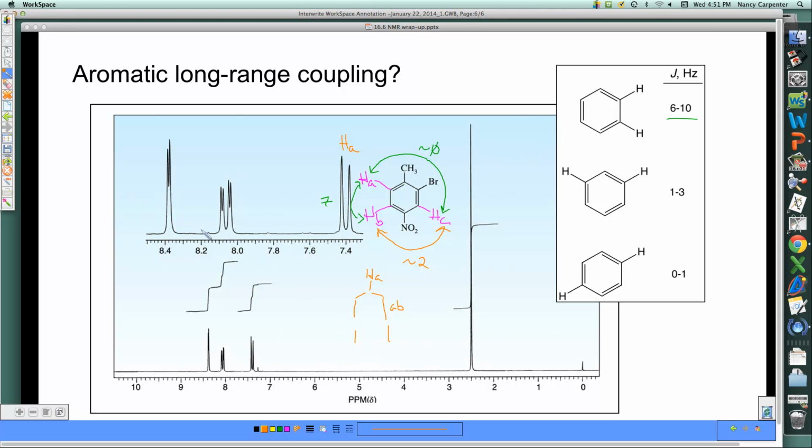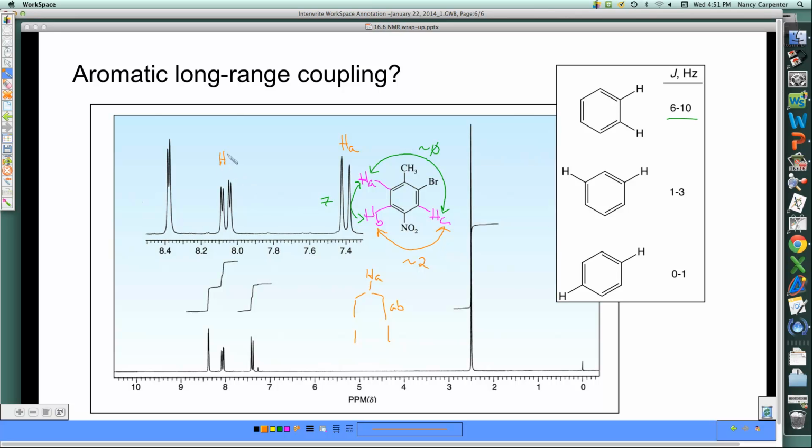Now these other 2, well, H sub B is going to have a big 7 Hertz coupling constant and then a little 2 Hertz coupling constant.